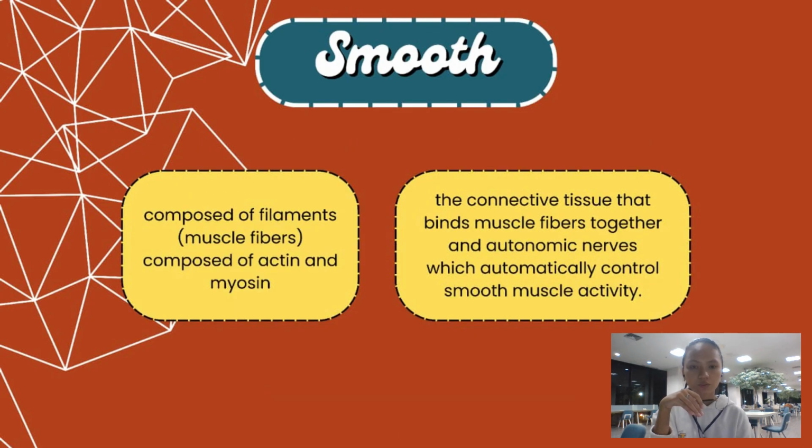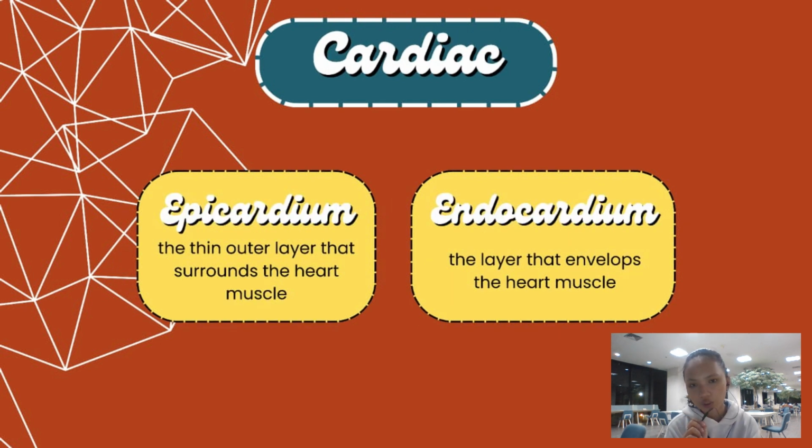Next is smooth muscle. Smooth muscle only has two structures. First is composed of filaments or muscle fibers, composed of actin and myosin. Second is the connective tissue that binds muscle fibers together, and an autonomic nerve which automatically controls smooth muscle activity. And the last is cardiac muscle.